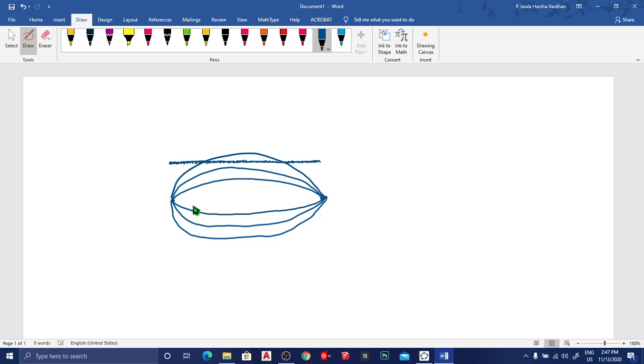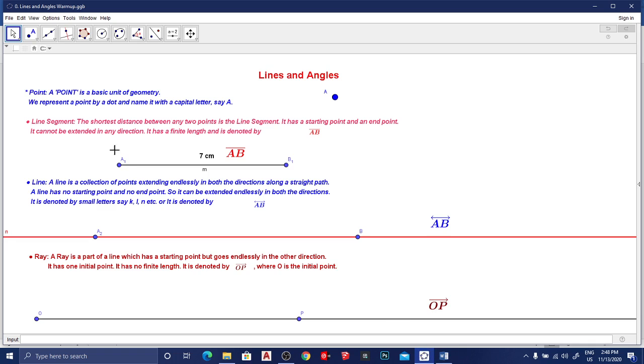And you can choose the shortest distance also. The shortest distance forms a straight line which passes through a straight path, and this is called the line segment. These others are not line segments. So you have to take the shortest distance between any 2 points, then only it is called a line segment.